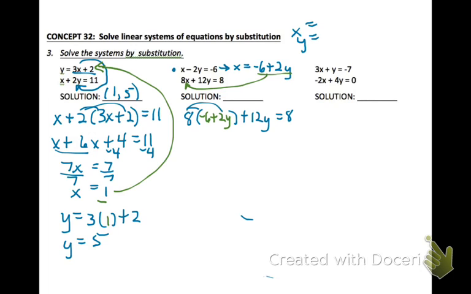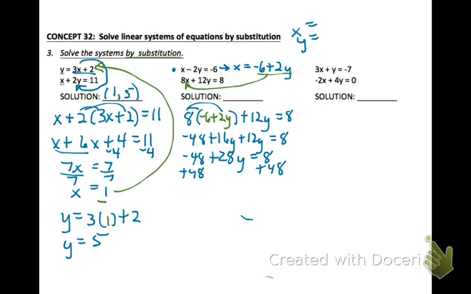Then I just distribute, so -48 plus 16y plus 12y equals 8. So -48 plus 28y equals 8. Just keep following that math.